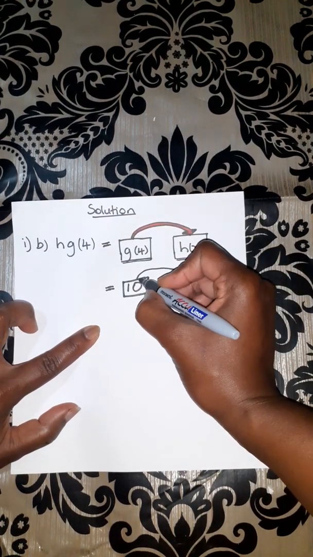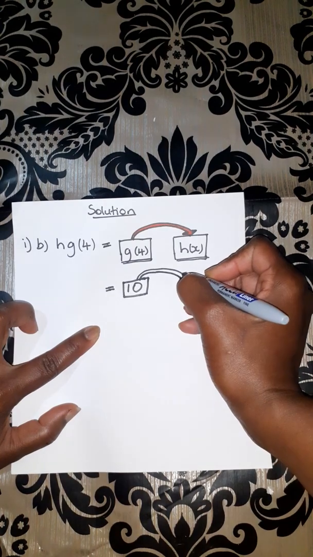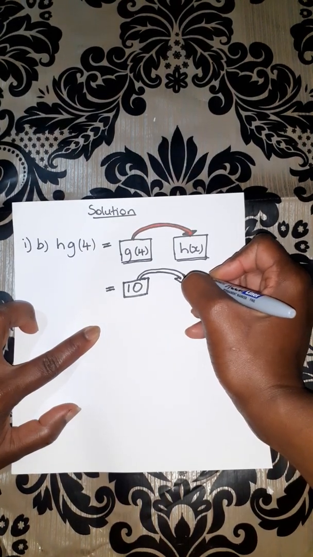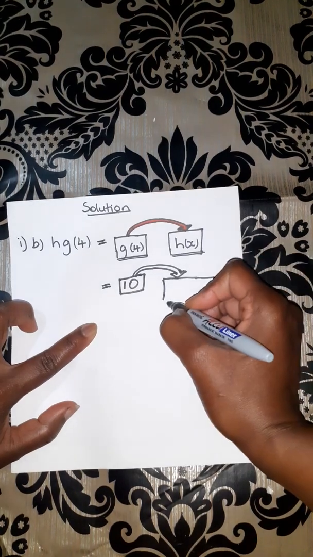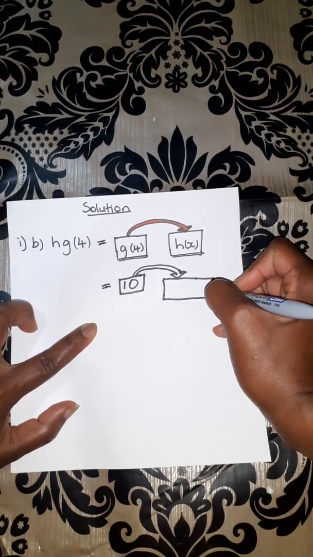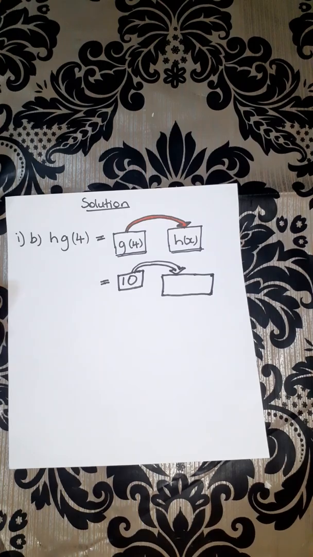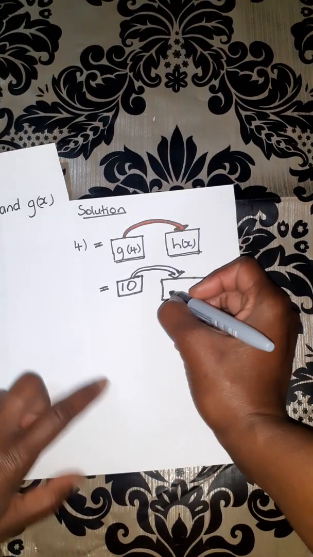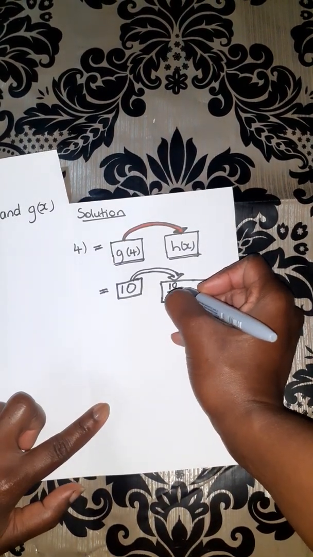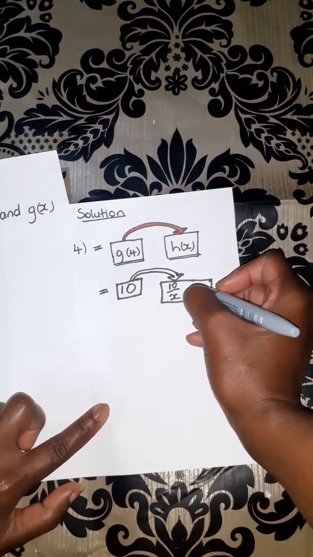So we're going to be placing this 10 into the h function. You remember what the h function is? Don't worry if you don't remember. Let's just get back the question here. So it's 10 divided by x minus 3.